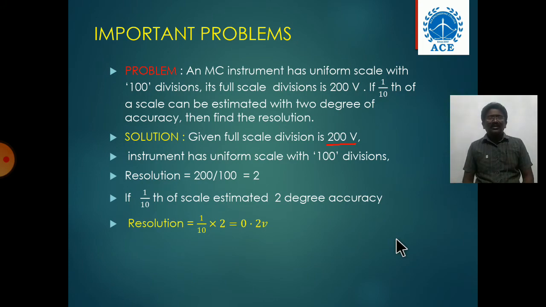Towards that we have to take help of the calibration of the series type ohm meter. By using the calibration of the series type ohm meter, you can measure values of R1, R2 and RH. So next one, shunt type ohm meter.